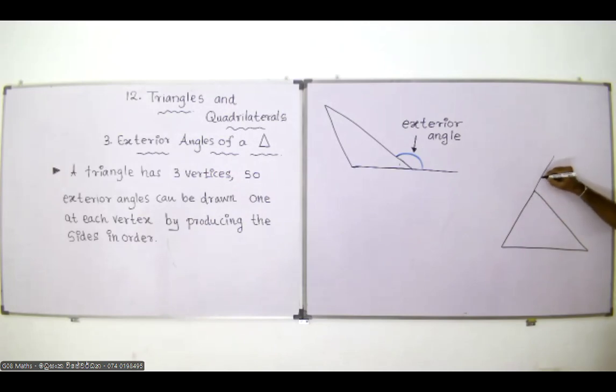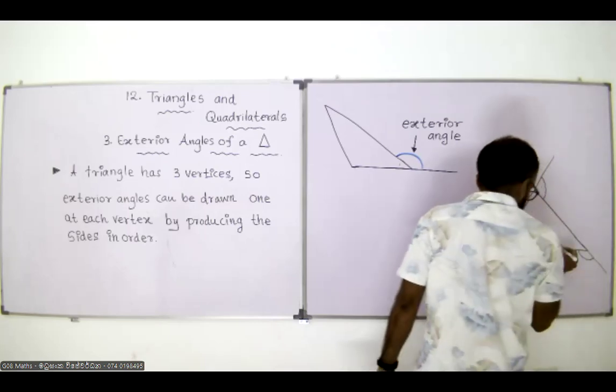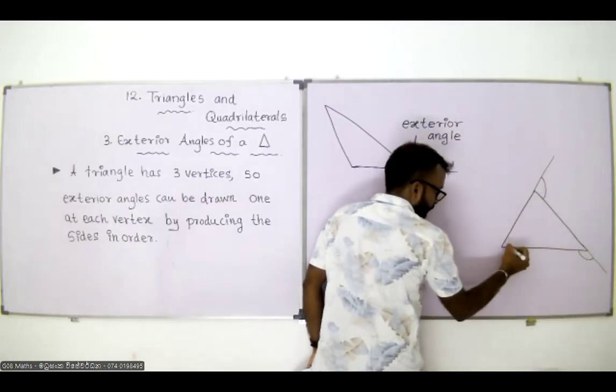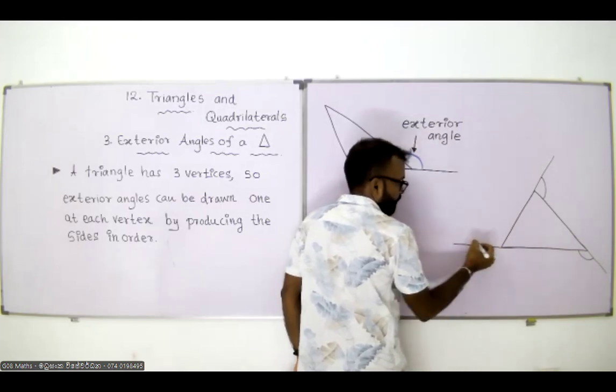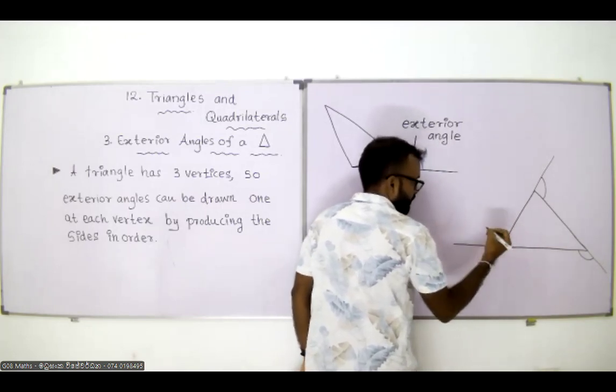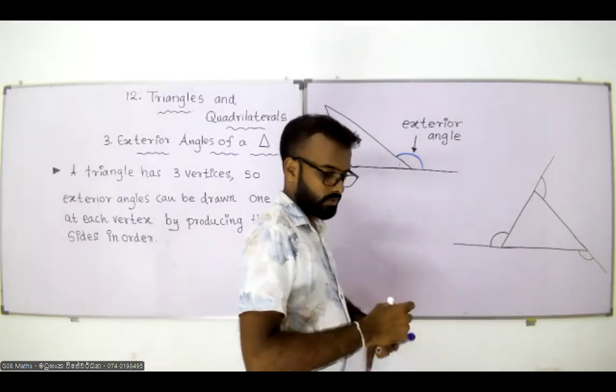So this is one of my exterior angles. And I'm going to extend this side as well. So this is also another exterior angle. And I'm going to produce this side. This is also another exterior angle. Can you see?